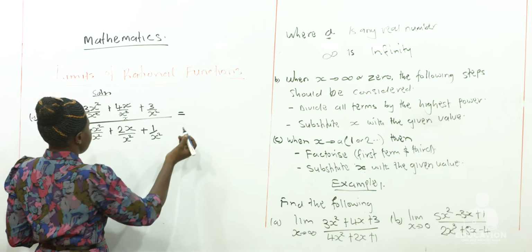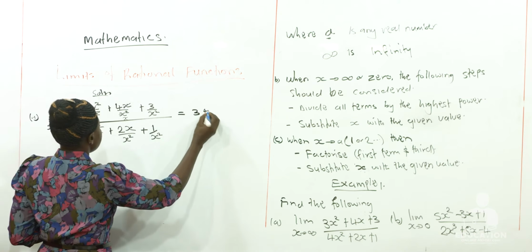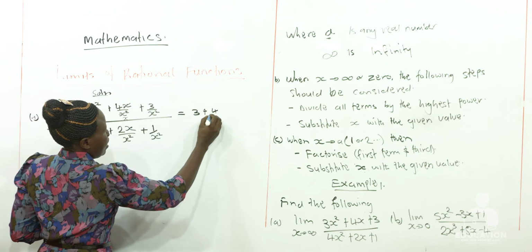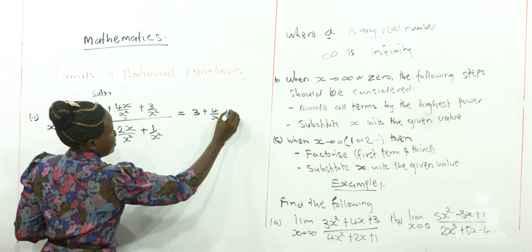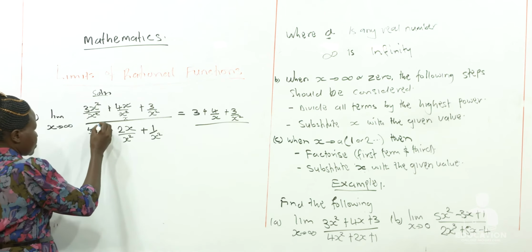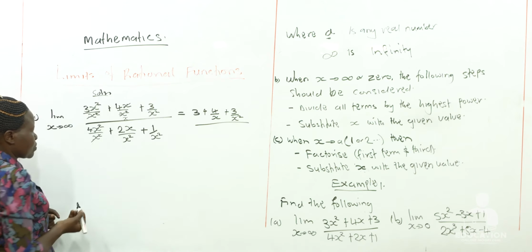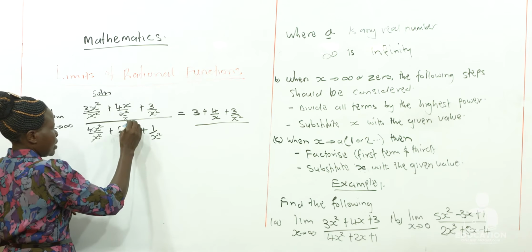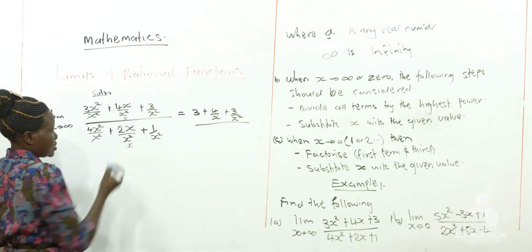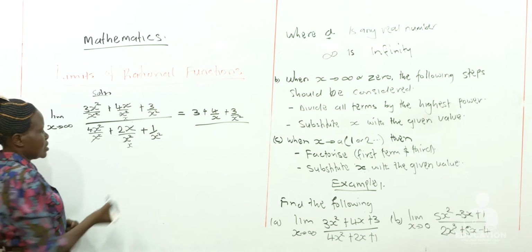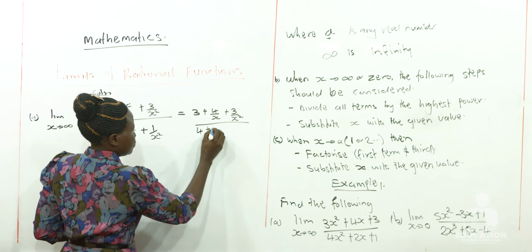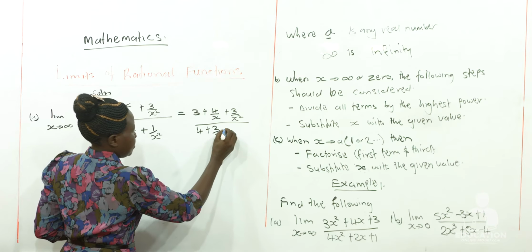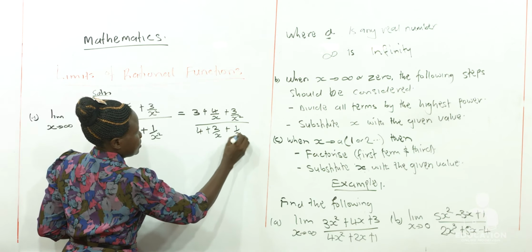So on the numerator we shall have 3 plus 4 out of x, and then plus 3 out of x square, divided by, here the x square cancels, here x will go, and then 4 plus 2 out of x, and then plus 1 out of x square.